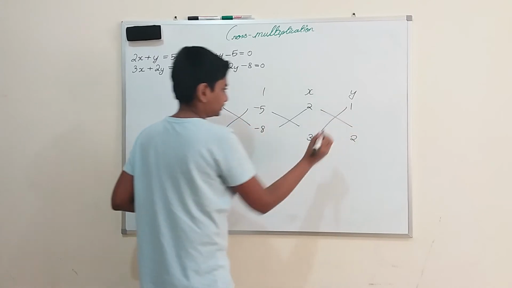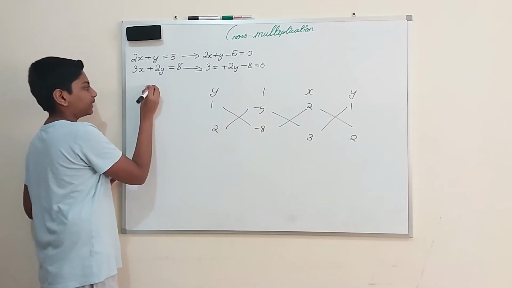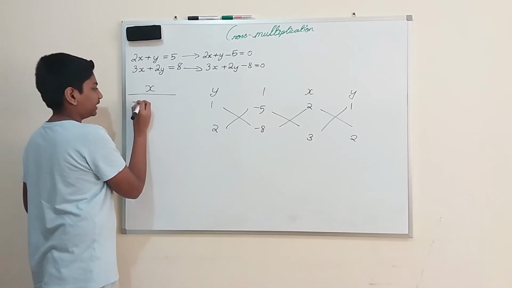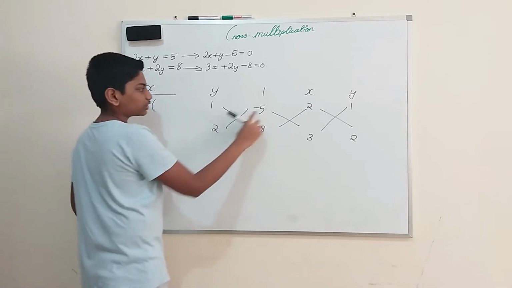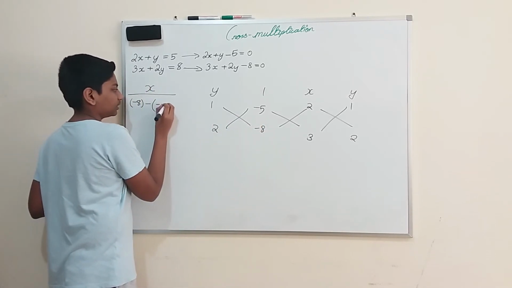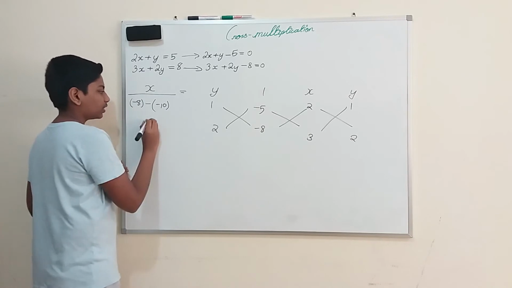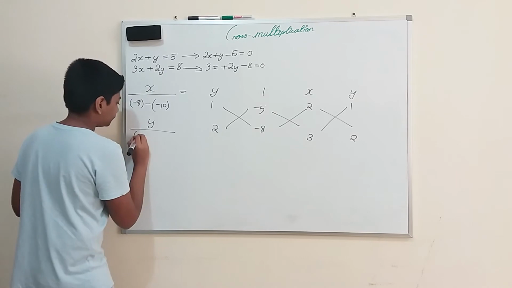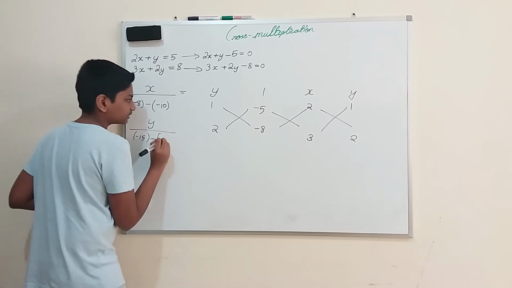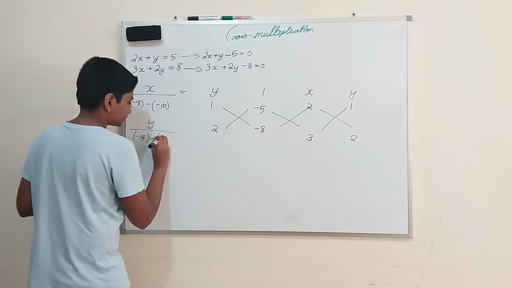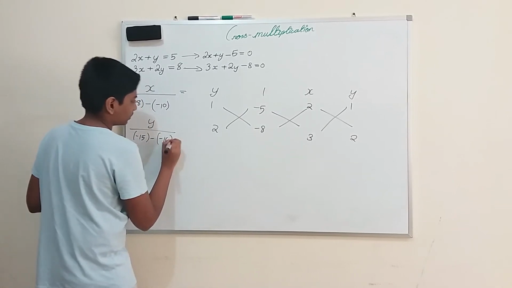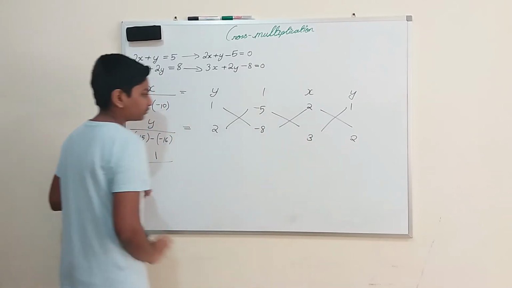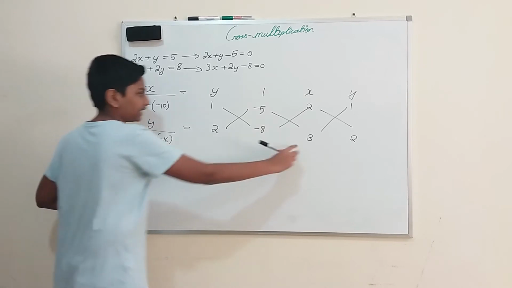Now we will get x by 1 into minus 8, nothing but minus 8, minus 2 into minus 5, which is nothing but minus 10, which is equal to y by minus 5 into 3, which is nothing but minus 15, minus minus 8 into 2, minus 16, which is again equal to 1 by 2 into 2 is 4, 4 minus 3 into 1 is 3.